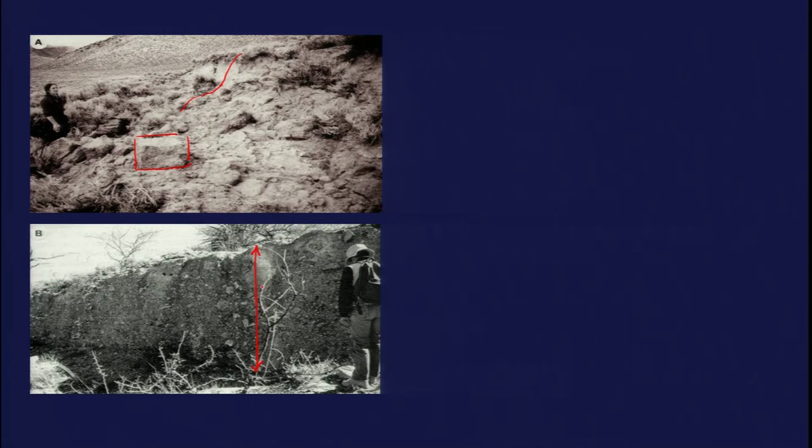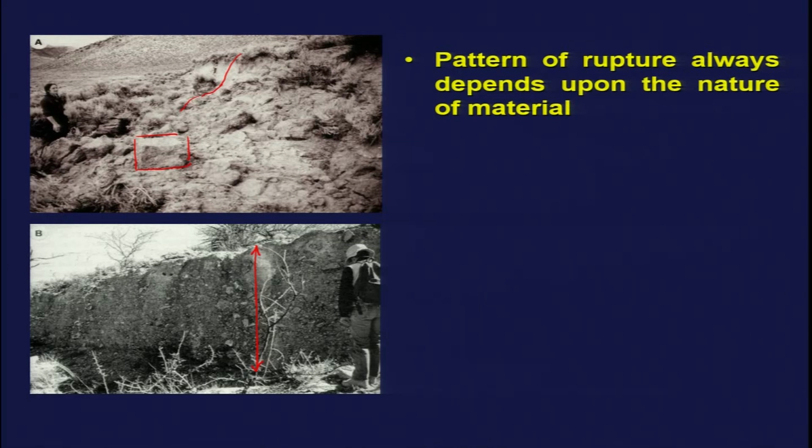This depends on the material. So the pattern of rupture always depends upon the nature of the material, and this parameter will remain the same for all faulting environments. So the most important thing here is the material.